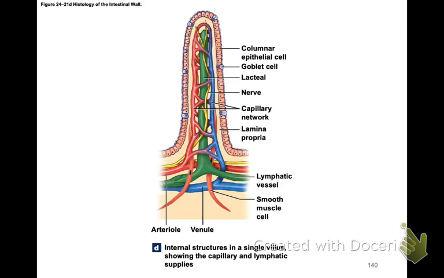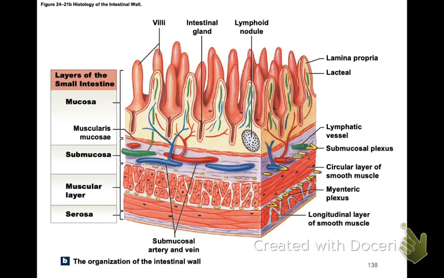And then you have a capillary network within each villus. Each villus independently has its own lacteal and its own capillary network. On the surface, you can see columnar epithelial cells and goblet cells, and deep to that, the lamina propria, and then you're down, let's go backwards, into the submucosa, the muscularis, and the serosa.